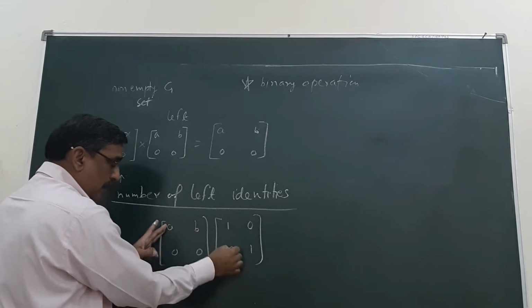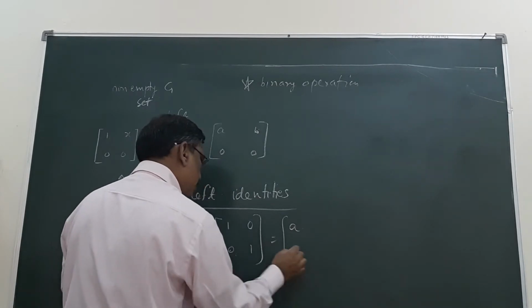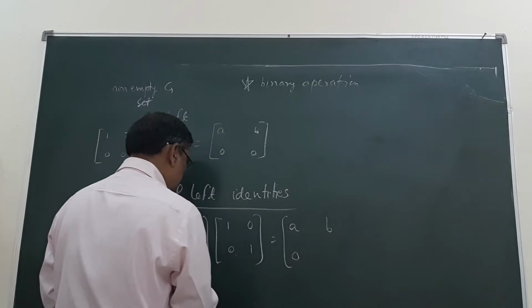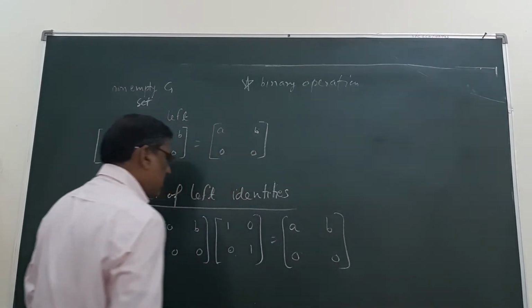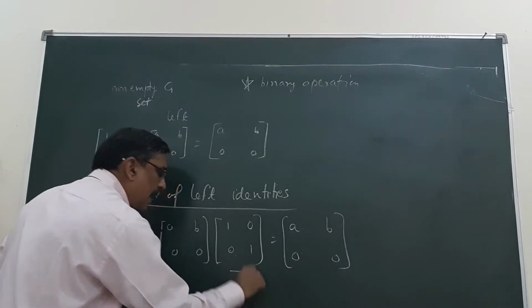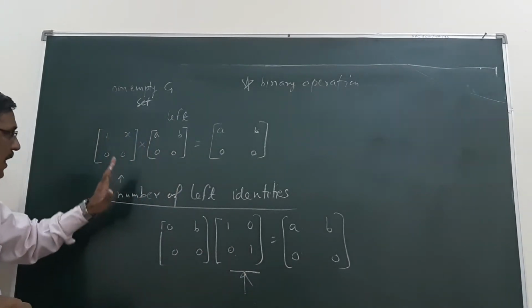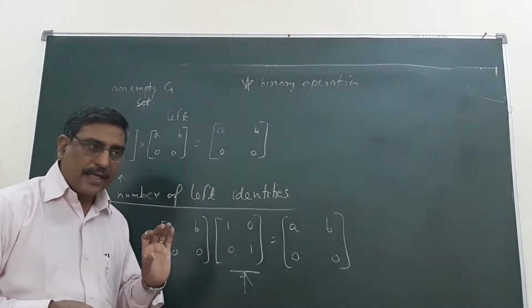[A, B; 0, 0] times [1, 0; 0, 1] is equal to [A, B; 0, 0]. So this is your right identity for this one. But we see that the left identity is not equal to the right identity in this case.